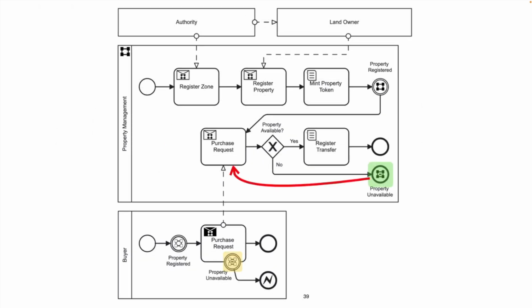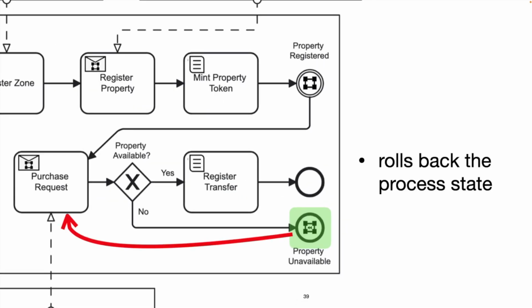And this is the trigger and the handle event. Here, for example, let's say that when the buyer was trying to purchase the land, it didn't work. So the land is not available. So what we would like to do is to revert the transaction. And this in the blockchain means that any states that had happened before the event are cancelled and rolled back to the previous state.